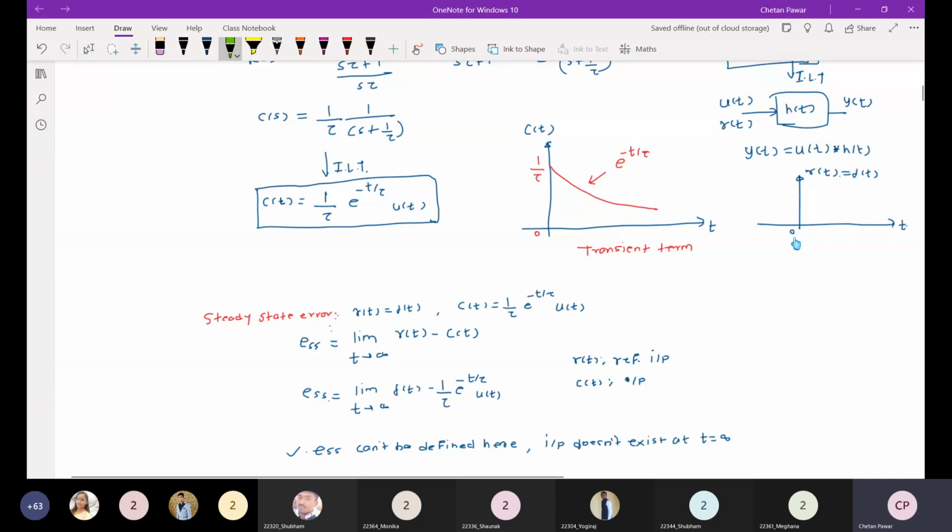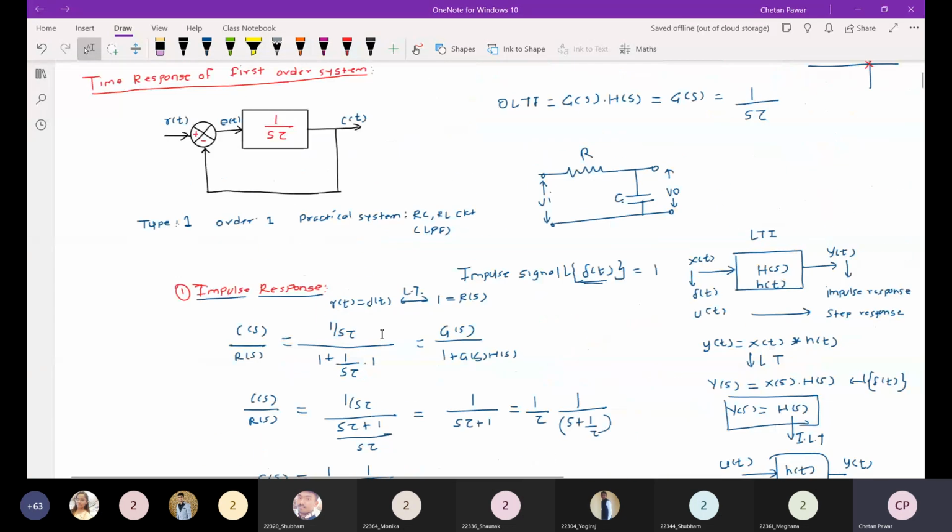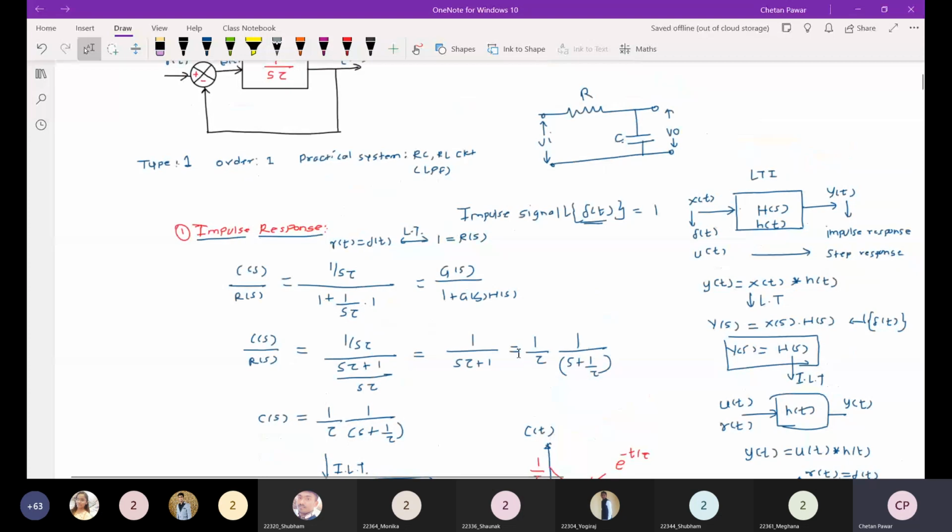This one, right? So this is the impulse response of the system.